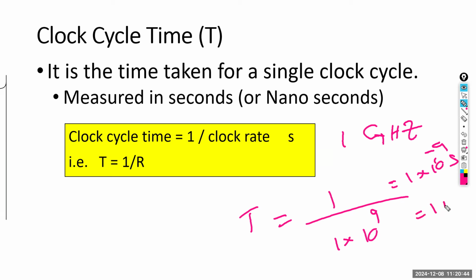So that means 1 nanosecond. So if my processor speed is 1 gigahertz, clock cycle time is 1 nanosecond. So remember, kilo, mega, giga, 3, 6, 9 in base 10. On the other side, minus 3 is milli, minus 6 is micro, minus 9 is nano. So therefore, 1 nanosecond is the clock cycle time.